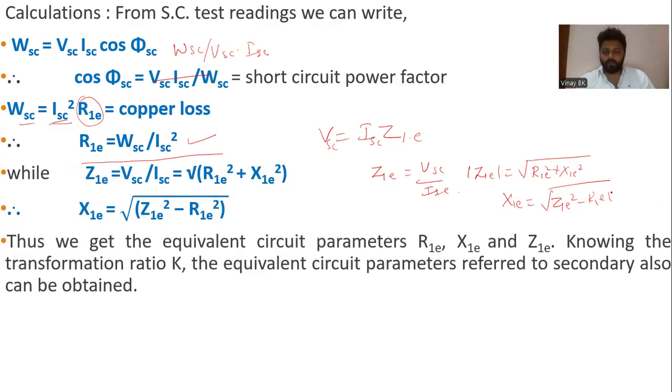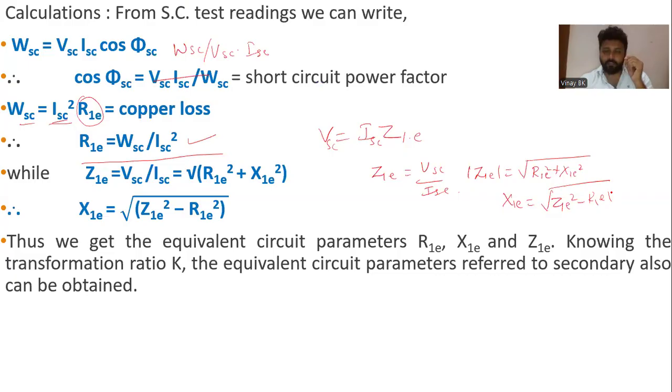So with the help of the OCSC test, you can find the efficiency and regulation of the transformer, as well as the parameters of the equivalent circuit, that is R1E, X1E, Z1E, or else I naught, IC, R naught, X naught, I1. You can get all of that from the open circuit test and short circuit test.